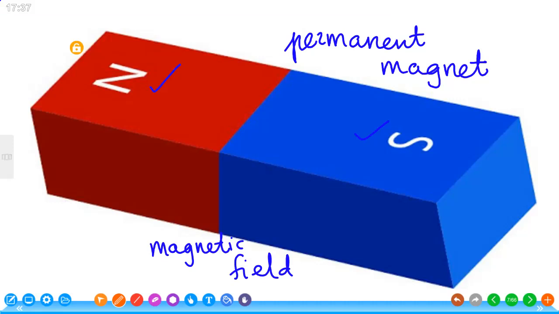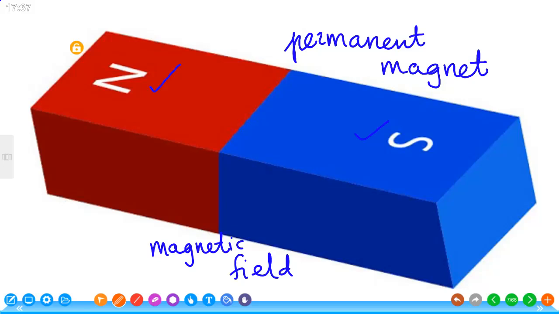Therefore, we know that in a magnet, the magnetic poles are there. Even in an electromagnet, we get the same feature. Similarly, in an electromagnet as well as in a permanent magnet, we get a magnetic field.